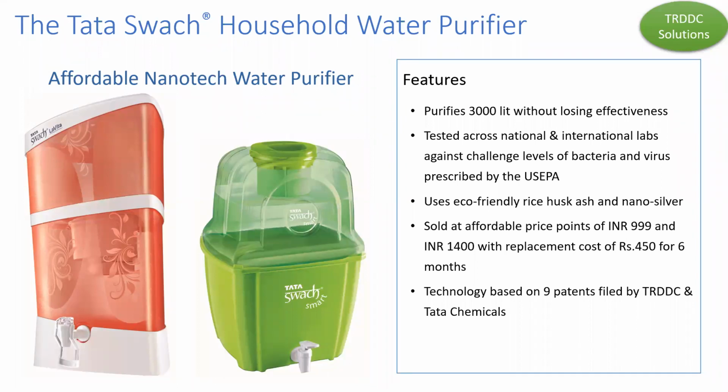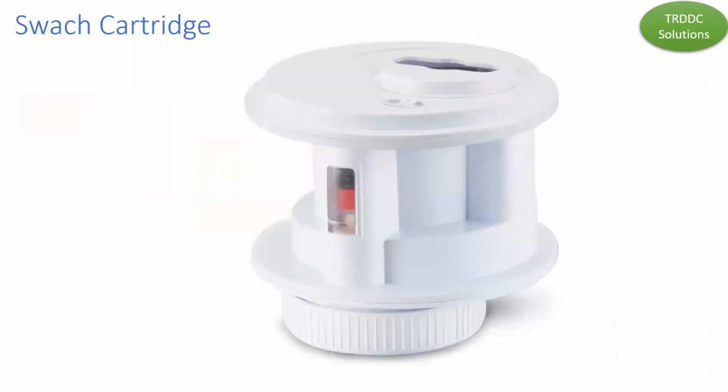Since we are using a very small amount of silver and rice husk, which is basically agri waste, we could reduce the cost of this purifier to a very small value. This particular water purifier can purify about 3,000 liters of water with a single cartridge, and once it is exhausted, you can replace the cartridge and reuse the purifier. So this is the cartridge. It looks like this. In this, there is a red color, which is a life indicator.